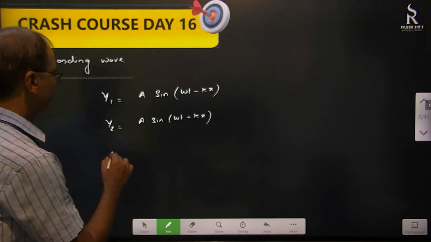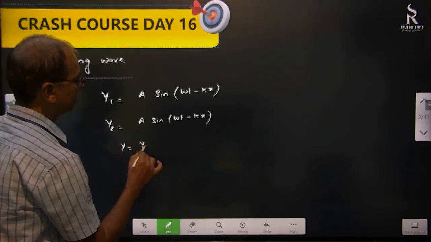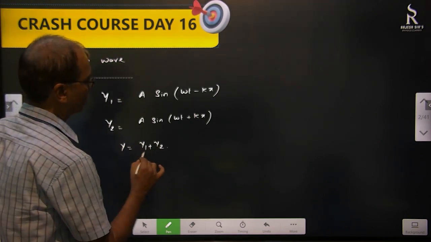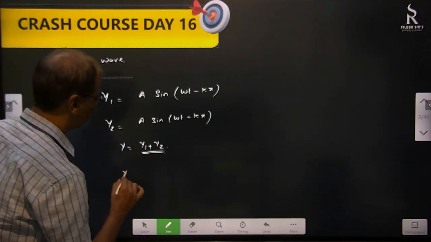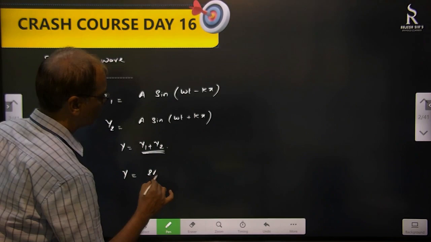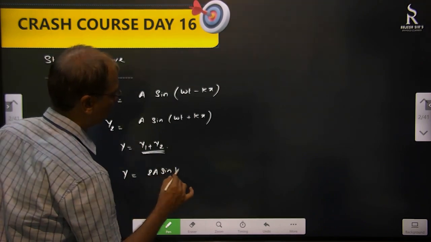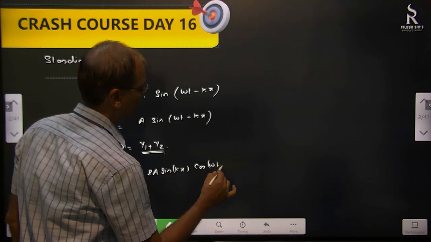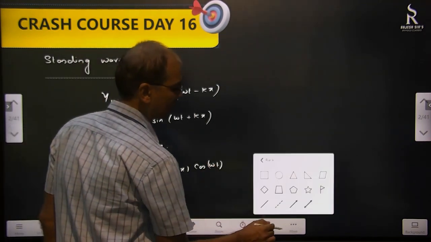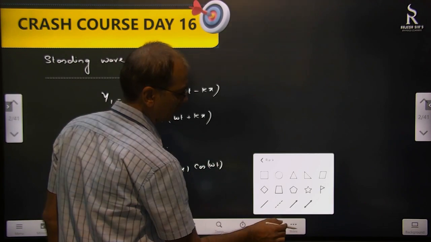What will happen? We have to add them, right? When we add them, we will get an equation like 2a sin kx cos omega t. Okay, this is called a standing wave.